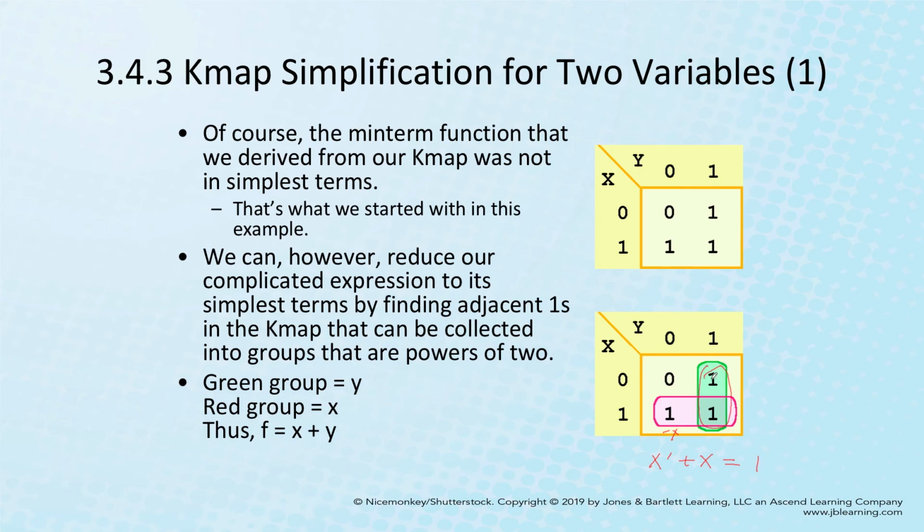This way x changes, and this way y changes. Y plus y not is 1, and the like. So when you derive the simplified expression from a kmap in the group, just keep the variable whose value does not change. But if the value of the variable changes, just take it out, and that gives the simplified expression of the corresponding group.